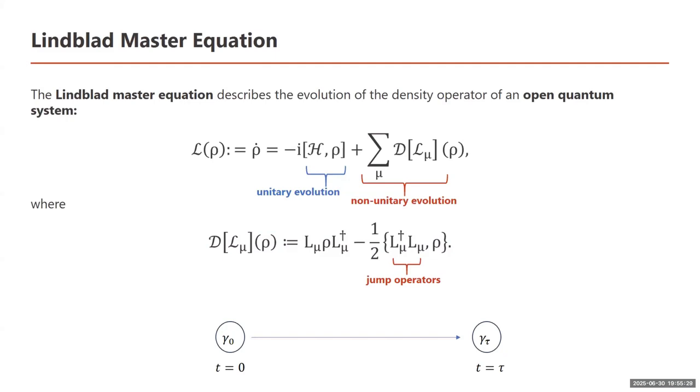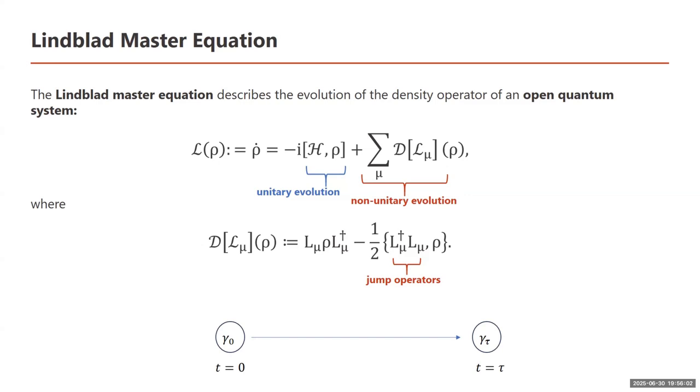Let me briefly review some basics of the Lindblad master equation first. The Lindblad master equation describes the evolution of the density operator of an open quantum system. As you can see, the time derivative of the density operator is expressed like this. This equation consists of two main parts.